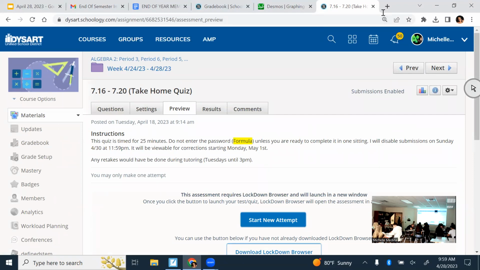The password is there, it's formula with the capital F. Do not start it unless you're ready to finish it in that one sitting. If you don't have 25 minutes to spare, then don't start it. And then I will disable submissions Sunday by midnight. And so that way people could view their quiz, I'll make it viewable at that time. People could view their quiz, maybe do corrections on it, improve so that they're ready for the test on Tuesday.